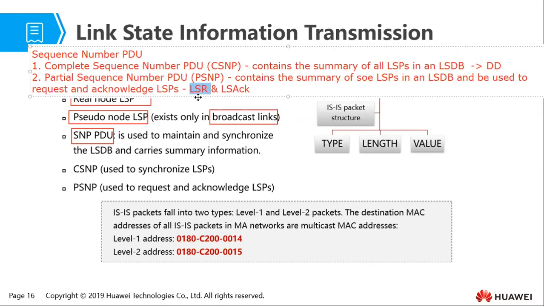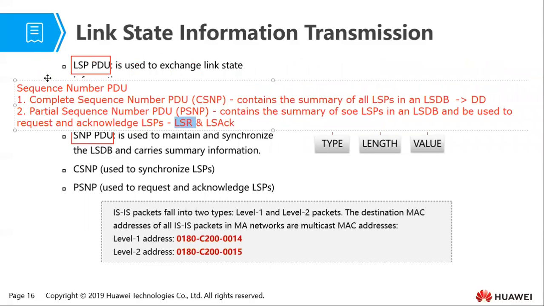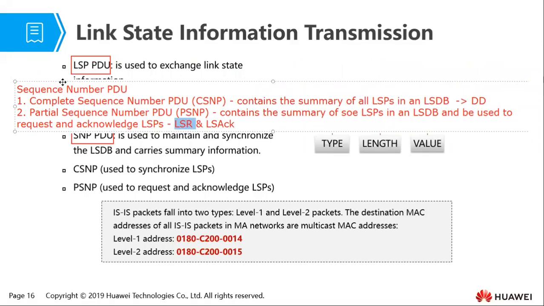Okay, what else am I supposed to talk about? LSPs. The link state PDUs, LSPs. We have level 1 LSPs, we have level 2 LSPs, and we have level 1, 2 LSPs. Each one of them is carried and transmitted by the respective router.